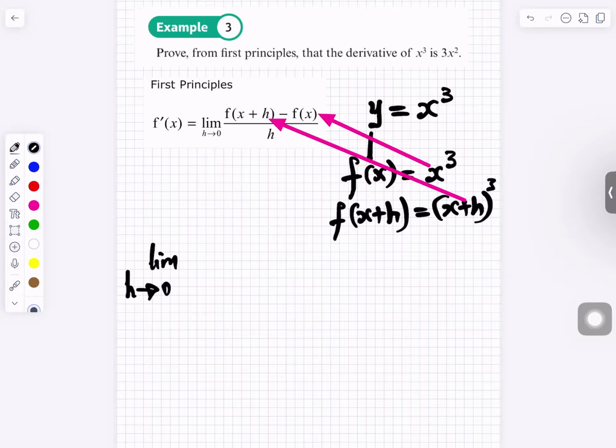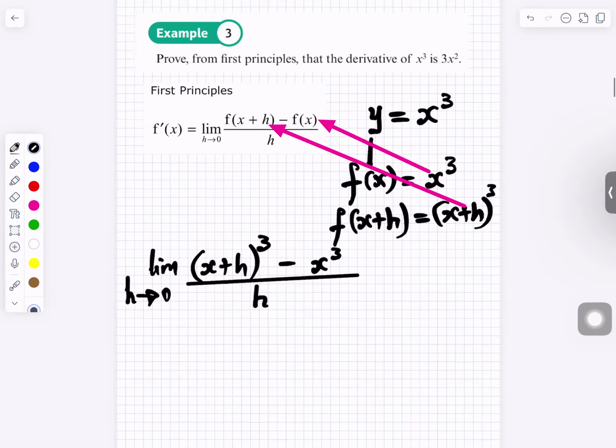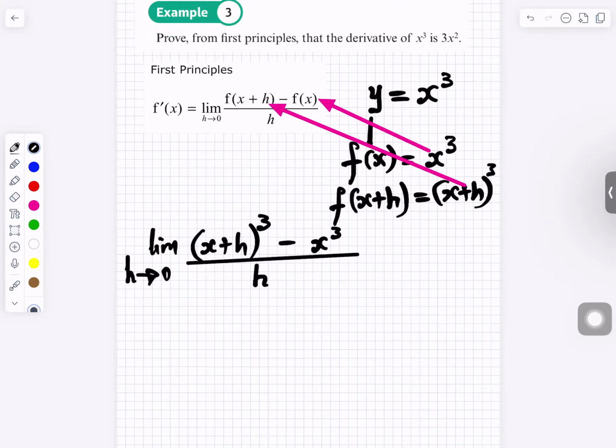And then instead of f of x plus h, you put x plus h all cubed, minus, instead of f of x, you put x cubed, divided by h. So what I've done here is I've replaced f of x, the yellow one, and I've replaced the green one. That's all you've done in the formula.